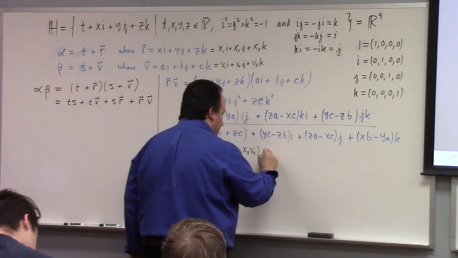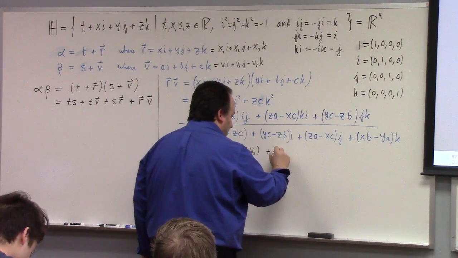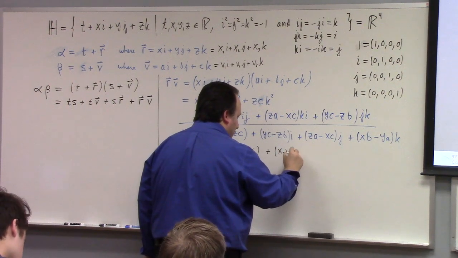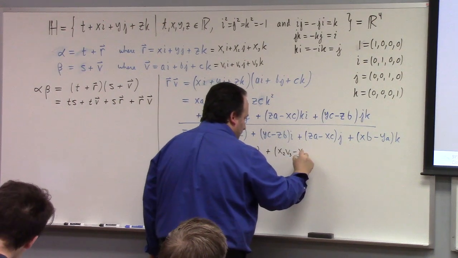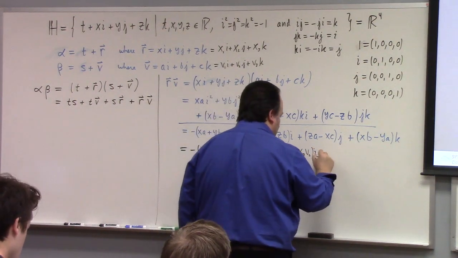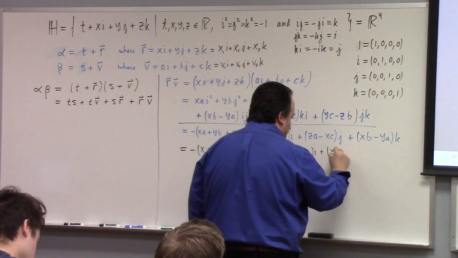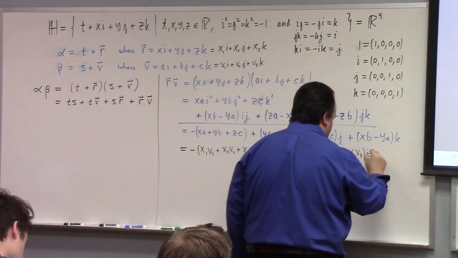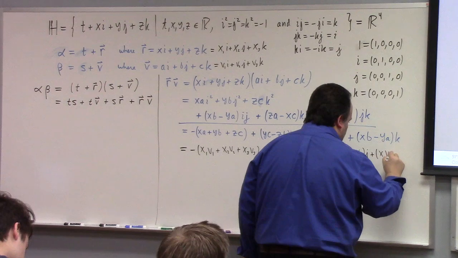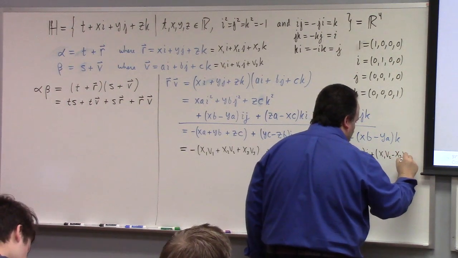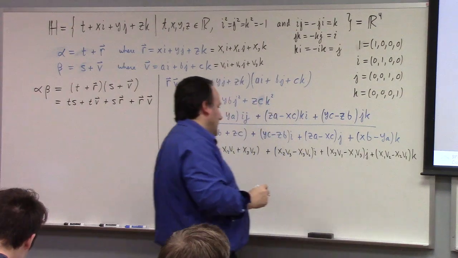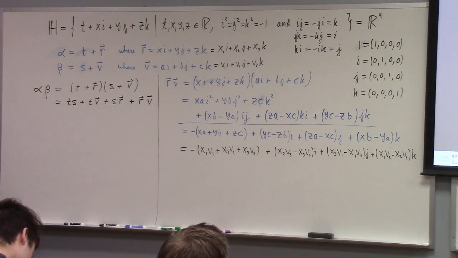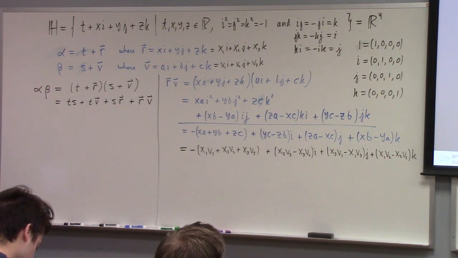And then over here, you've got plus x2 v3 minus x3 v2 i plus x3 v1 minus x1 v3 j plus x1 v2 minus x2 v1 k. I hope with those indices, some of you who have Calc 3 fresh enough on your mind ought to be able to see what I'm writing. What am I writing?